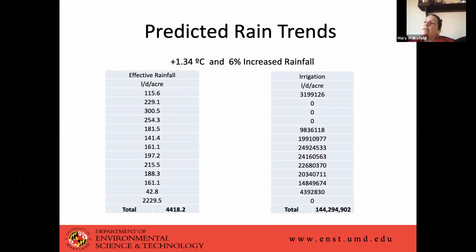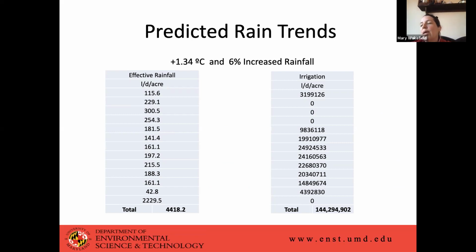The other thing that is interesting to note with your effective rainfall are your predicted rain trends. Aminashi, who now works for UMD, did a research paper, and in here we talk about predicted rain trends.